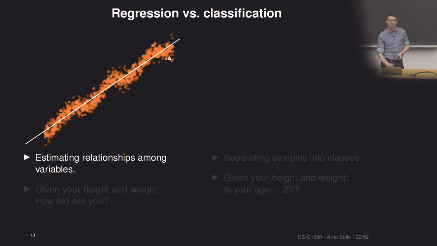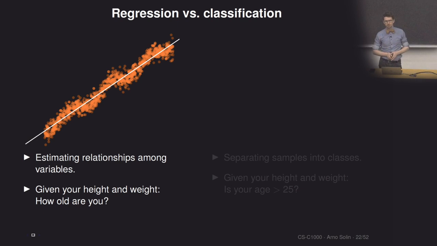There's a linear relationship between these two. So for example, say I would try to model that given how tall you are and how heavy you are, how old are you? And then I would collect a lot of data. I would ask this from everyone in the hall, and then I would make a model that would try to explain this relationship between height and weight and age.